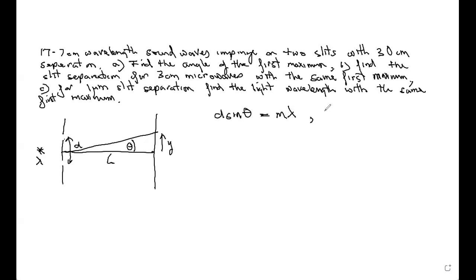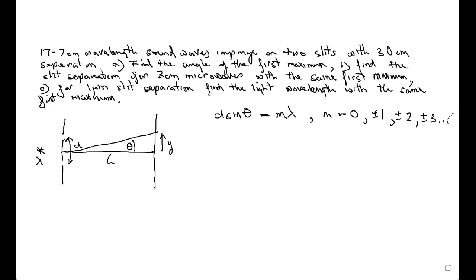So in this case, m equals 0, that's a central maximum that occurs at 0 degrees. M equals plus or minus 1, they're the first maxima to the left and right, or upstairs and downstairs of the central maxima. And then there would be other maxima, plus or minus 2, plus or minus 3, and so on.